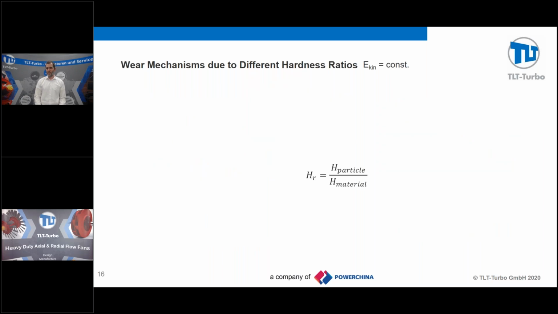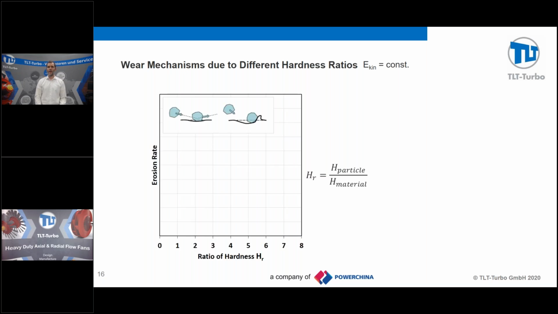A very important factor is also the different hardness ratios. So when we observe particles with the same kinetic energy hitting a base material, we can calculate the particle hardness divided by the material hardness, which will be depicted on the x-axis here, and the y-axis is once again erosion rate.